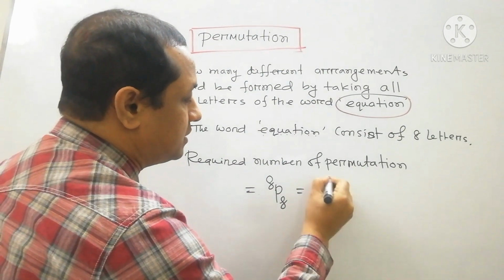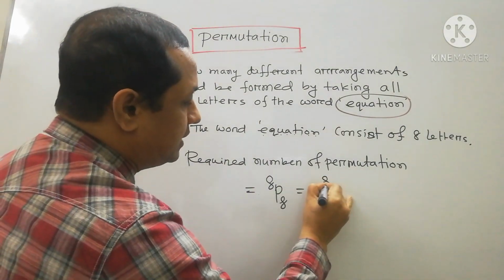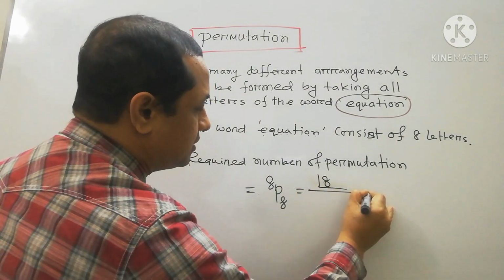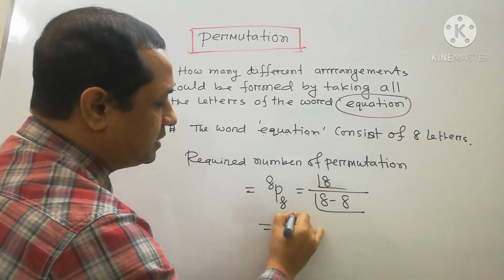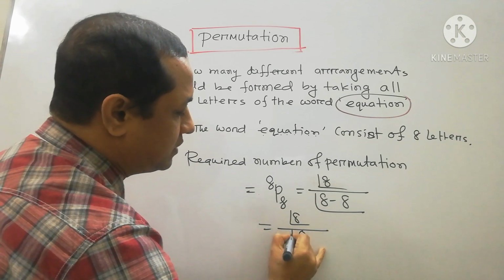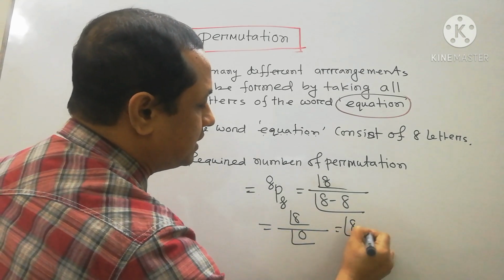So we can write factorial n, factorial 8 by factorial (n minus r), r means 8, so factorial 8 by factorial 0 equals factorial 8.